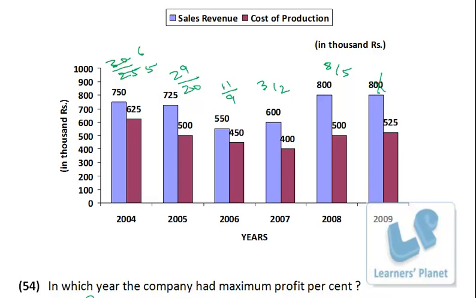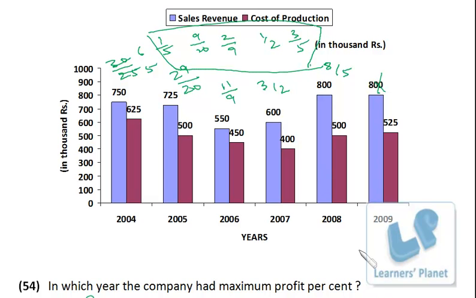Now just eliminate one from each of them. So it's 1 by 5, it's 9 by 20, it's 2 by 9, it's 1 by 2, and it is 3 by 5, right? So without even calculation, we can say 3 by 5, that is 60%, that is highest. So this 2008, it is highest.